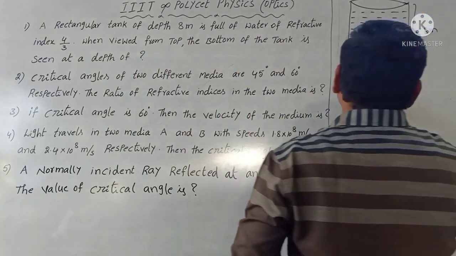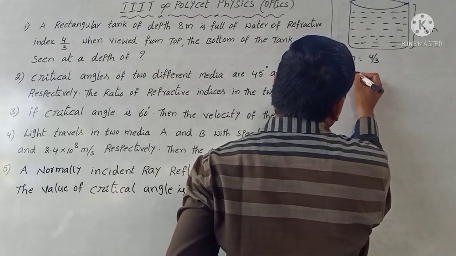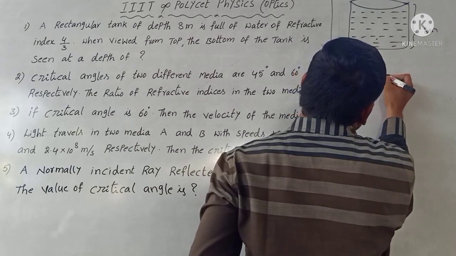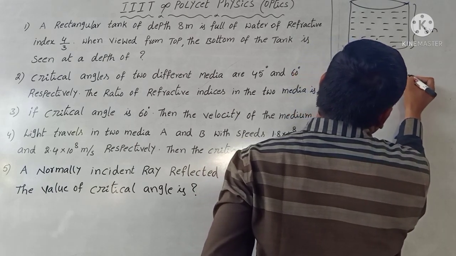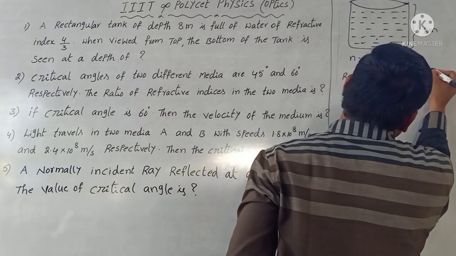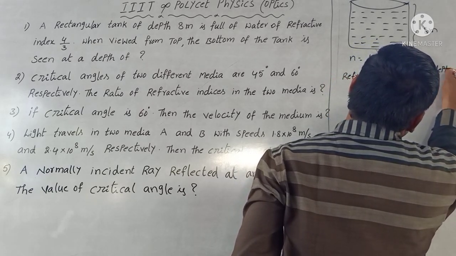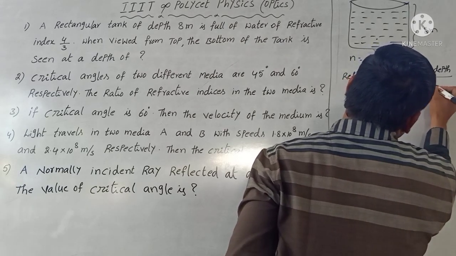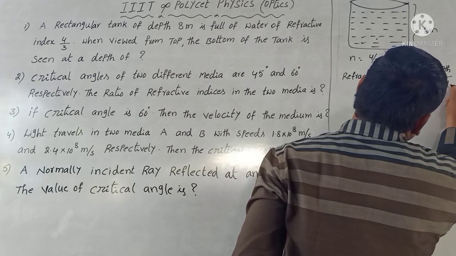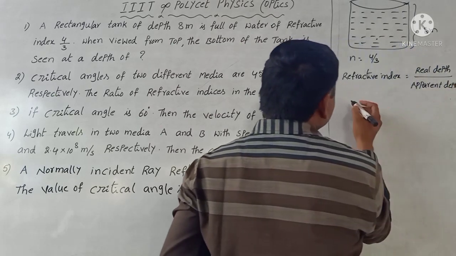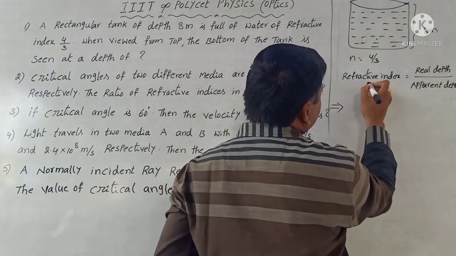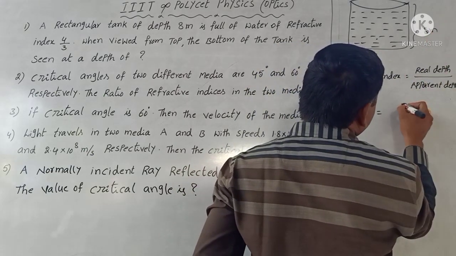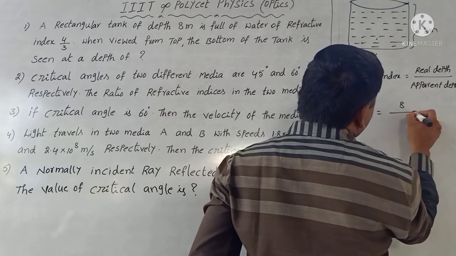First of all, refractive index is equal to real depth by apparent depth. What is the refractive index of water? 4/3 is equal to real depth, which is 8, by apparent depth, which you don't know.